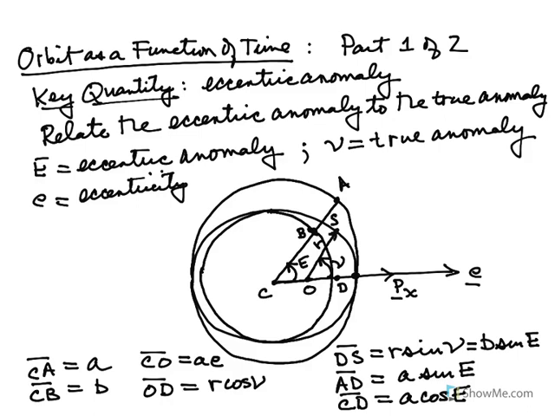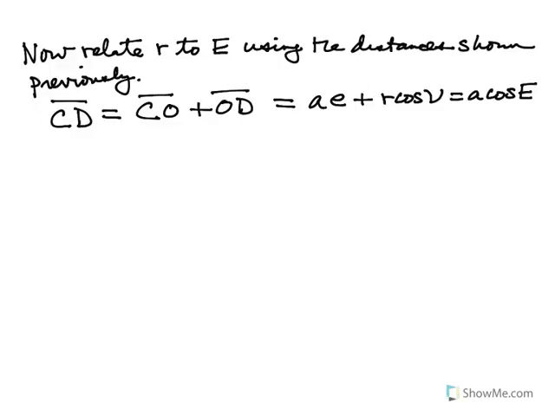Now, the next part's actually a little bit easier because we know that the distance from D to S is r sine of nu, which is equal to b times the sine of E. So we also have r times the sine of nu is equal to b times the sine of E. Let's put these two equations next to each other.